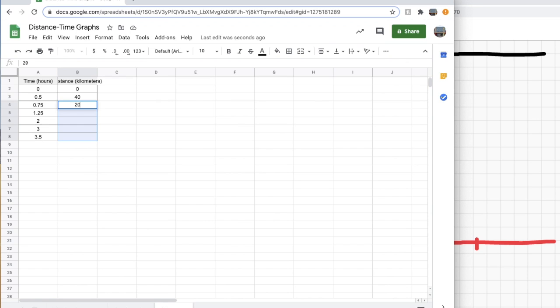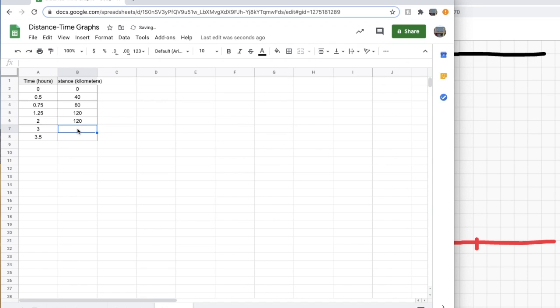So let's say they went another 60, 140, no, that's too fast, 120. Okay, so after an hour and a quarter, maybe they stop to get lunch. So this 45 minutes here, we're going to stay at 120. So they didn't move. They were sitting at the restaurant, car was in the parking lot.